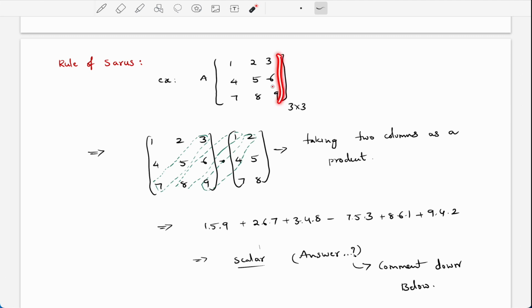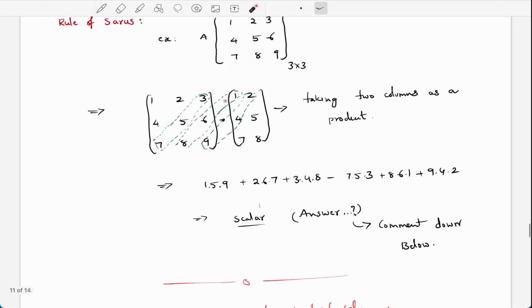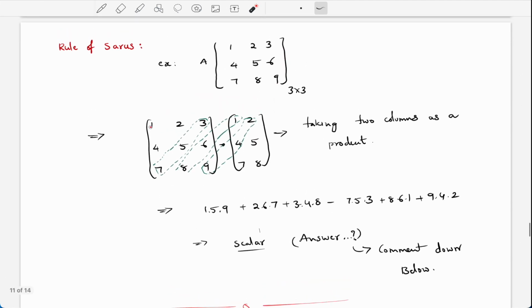We simply take another two columns, taking two columns as a product. I have taken these two as an example; you can take the last two, or any of them. So just try it out, taking this and this, and this one and the three also.